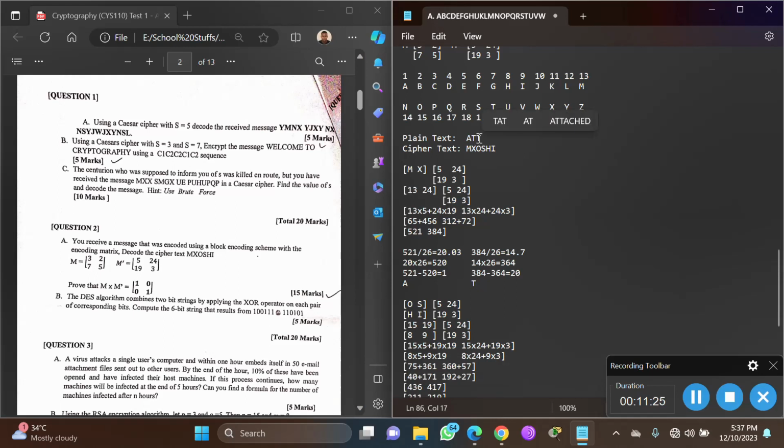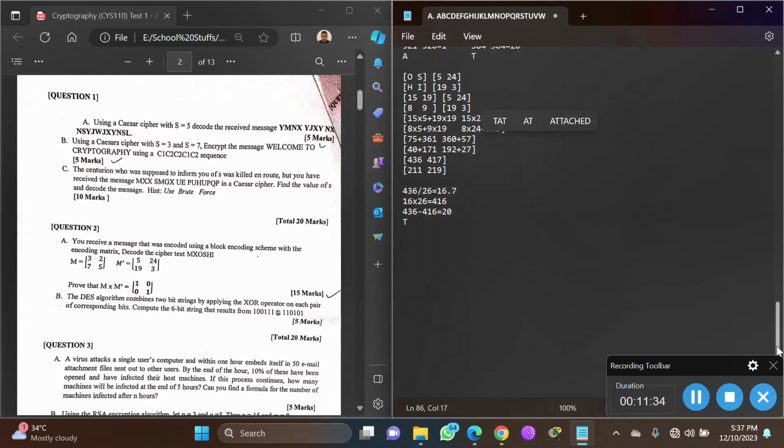So now we just need to continue the modular, so the wrapping around for those three last numbers. So we'll do the same thing. So here we have 417 now. So remember the way we are following the order. So we have 417, we need to divide by 26.